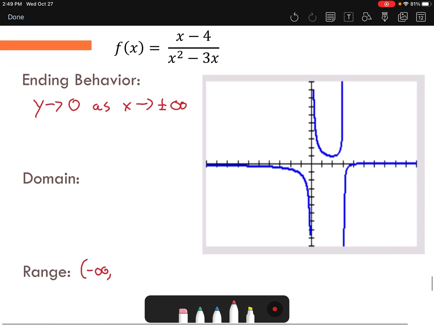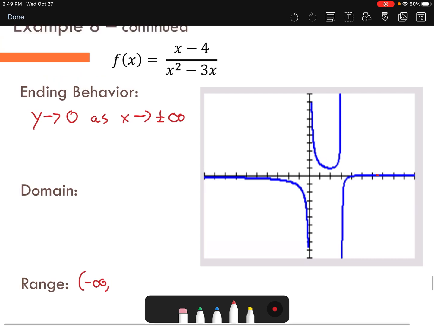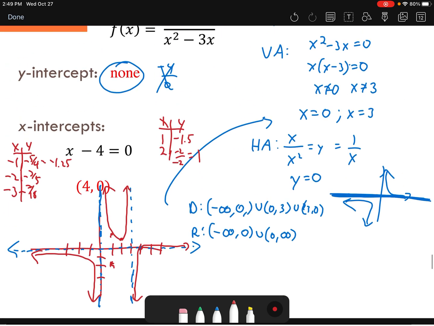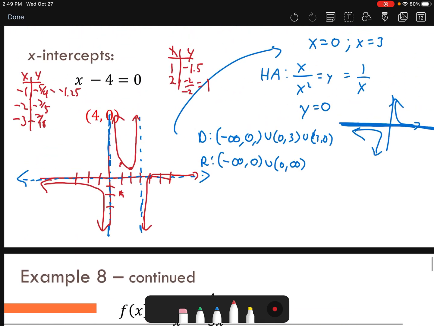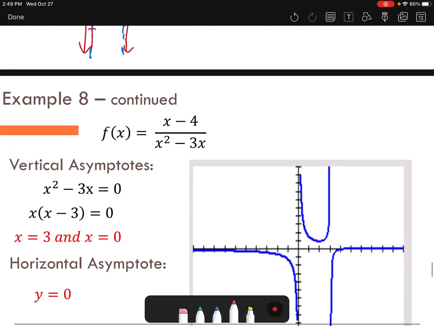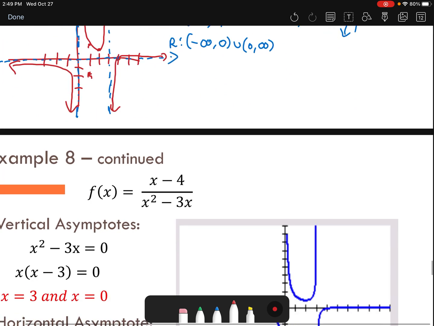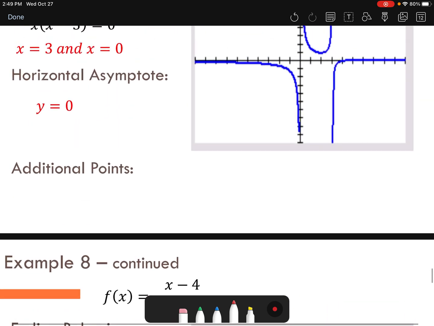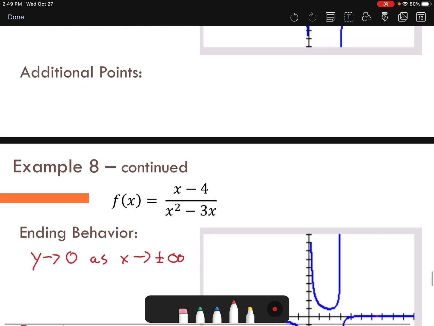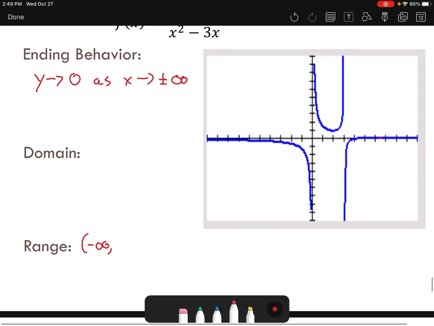What's our y asymptote? Equals 0. But it crosses 0 up here, I believe, because don't we have an x-intercept? Yeah, it's 4. So we know it goes through 4, so it goes above 0 right here.